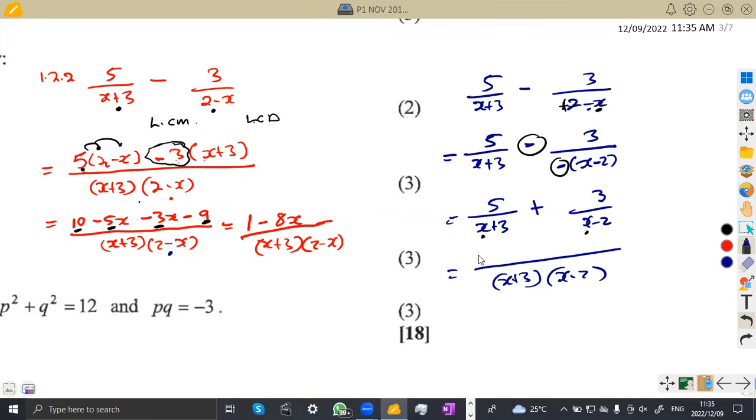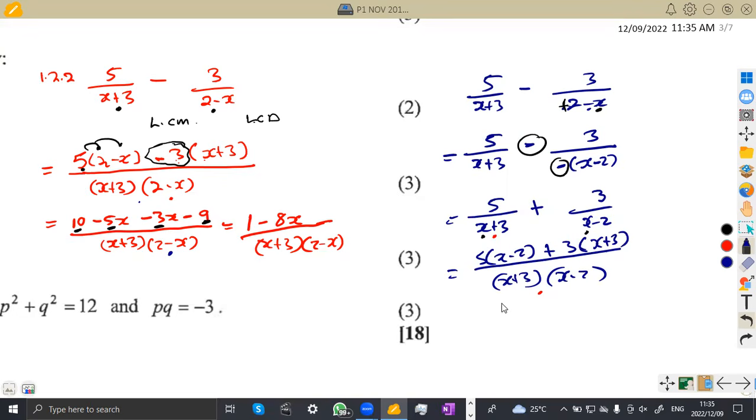So here we are going to have 5 multiplied to the answer that you're going to divide. If you divide the LCM by x plus 3, x plus 3 will cancel, which means you remain with x minus 2 plus, if you divide the LCM by x minus 2, x minus 2 will cancel, which means you remain with x plus 3.